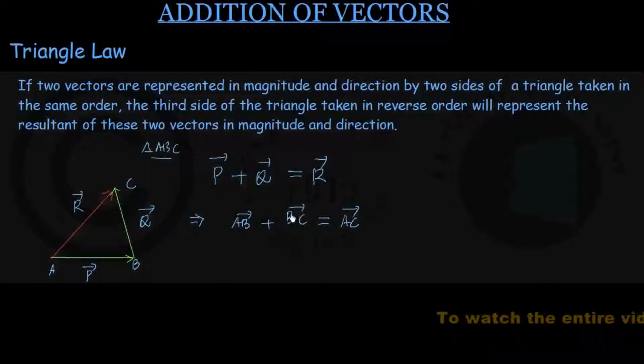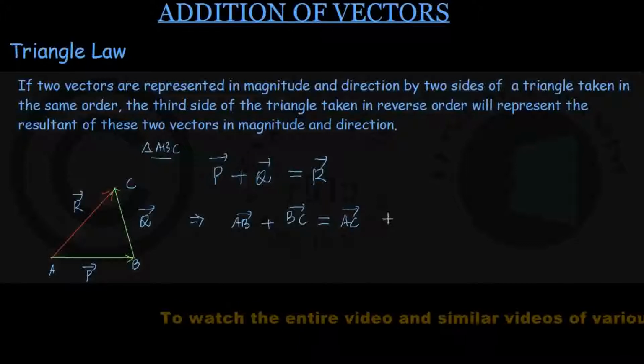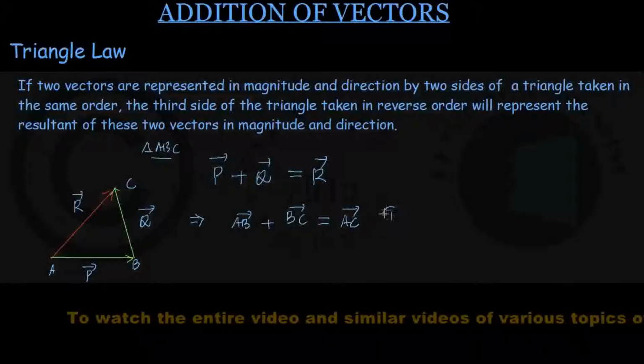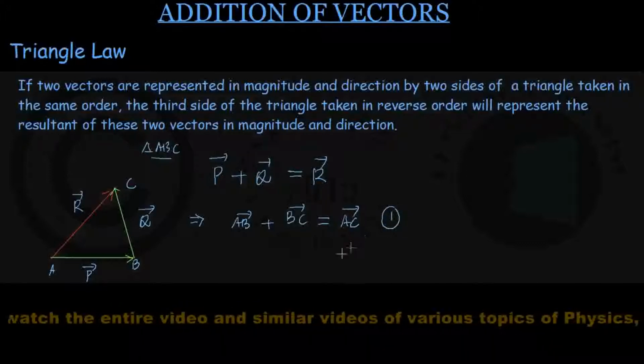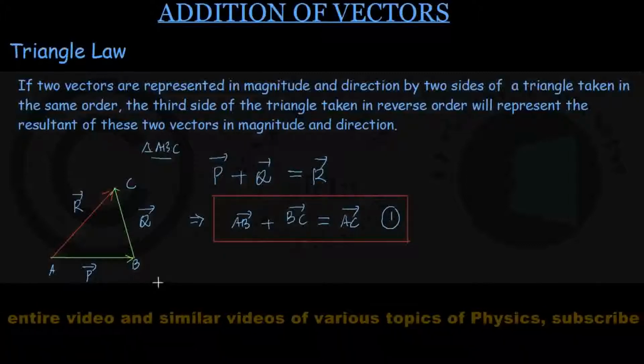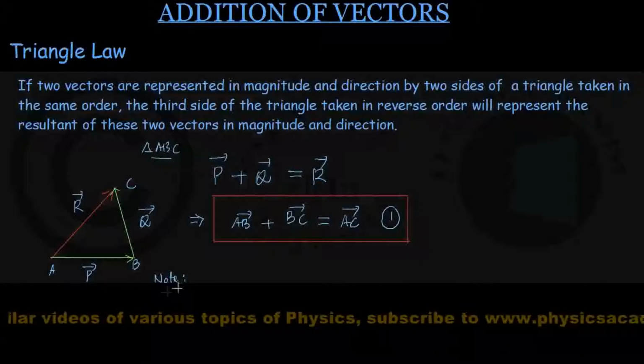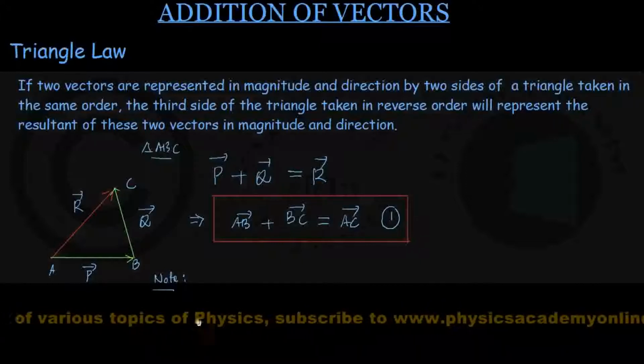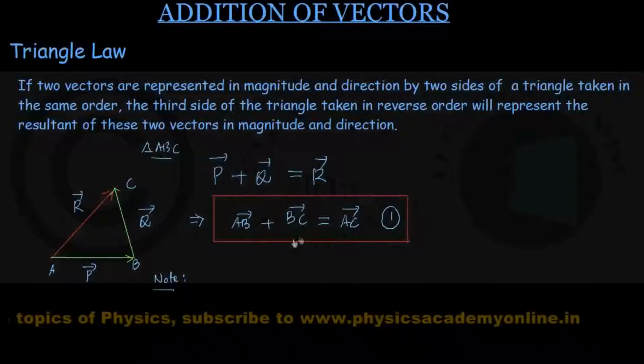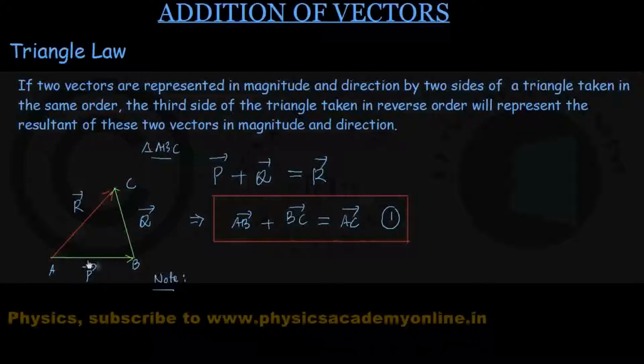Now we can see a couple of corollaries with the help of this law. For example, this is the actual statement of the law, so I must give it a number and then highlight this for future references. Now the first thing that comes to my mind if I look at equation number 1 is this. It is obvious that if AB plus BC is equal to AC, then the reversal of order is extremely important here.